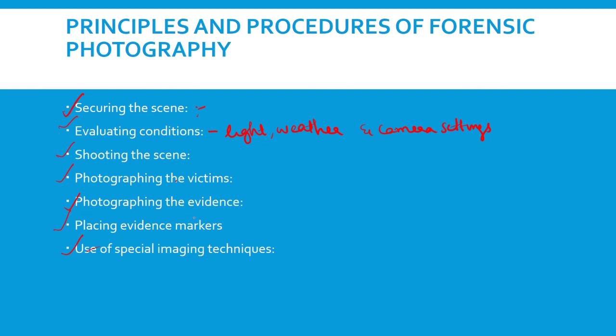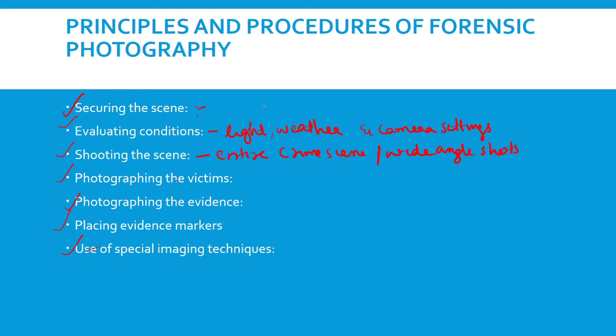The next, third point, is shooting the scene. The photographer should capture the entire scene. Shooting the crime scene means they have to capture the entire crime scene. They can use wide angle shots followed by close-up shots to visualize the full scene and to show the relationship of the evidence to the overall crime scene, and we take close-up shots to visualize the evidence in its full aspect.